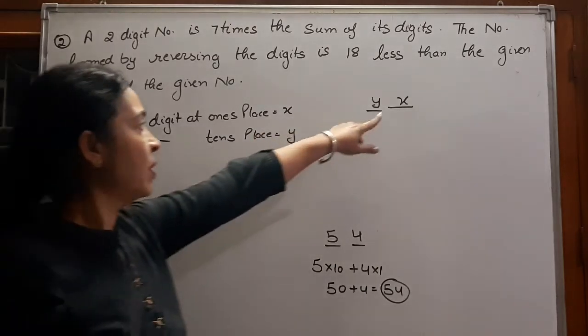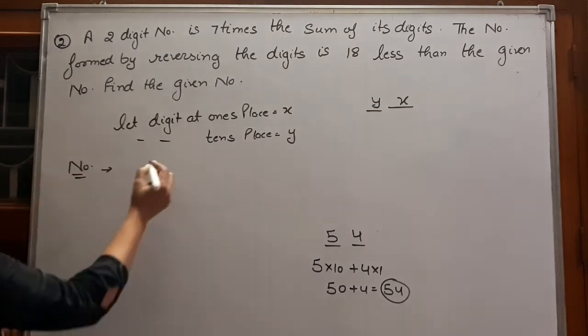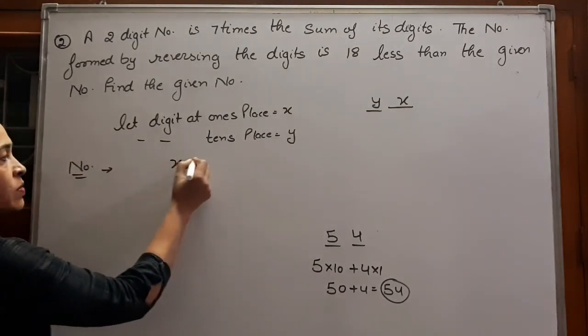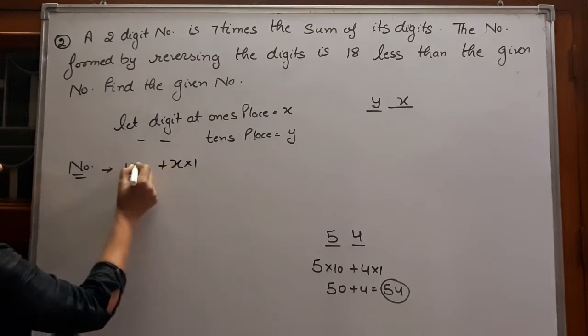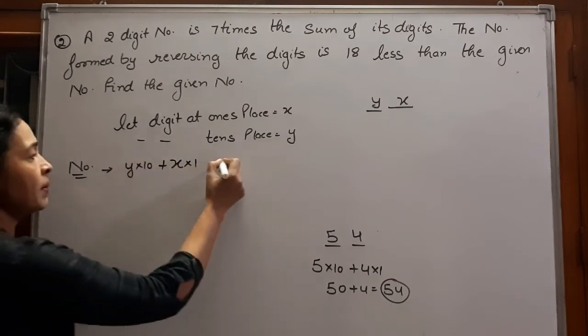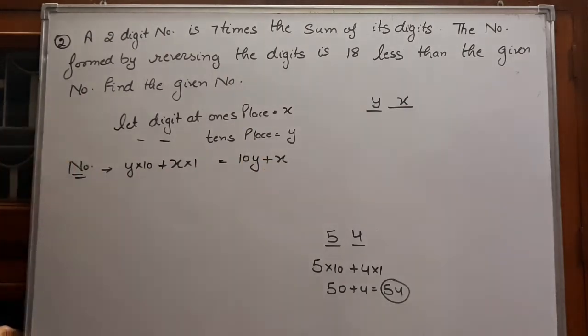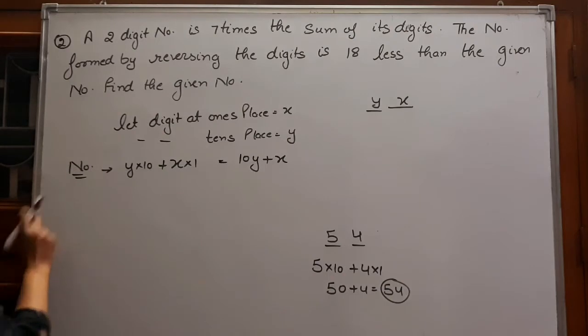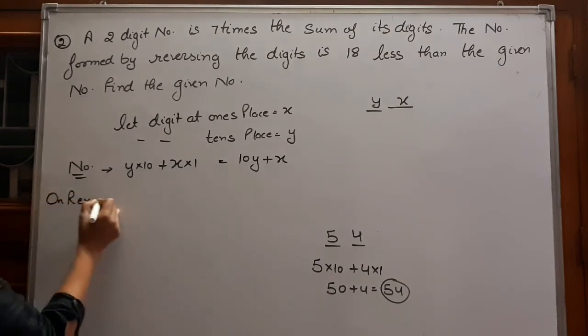In this case, we have x at ones place and y at tens place. Our number will be, x multiplied with 1 and y multiplied with 10. So our number will be 10y plus x.